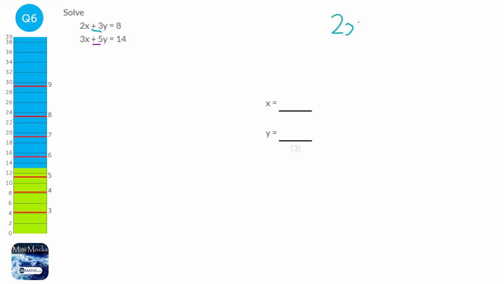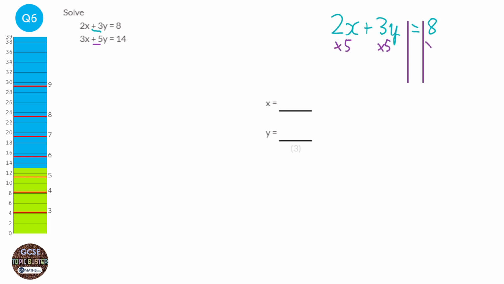So I'm going to write out the first equation again. And go get my lines in, because I'm going to times everything by 5 to make the coefficient of the y to be 15, because that's what we've decided to do. So we've got 10x plus 15y equals 40.